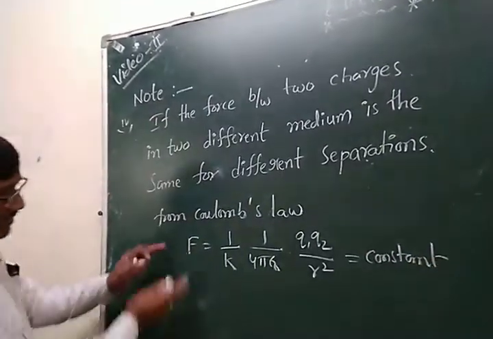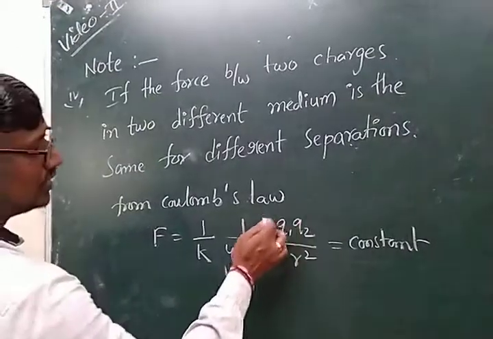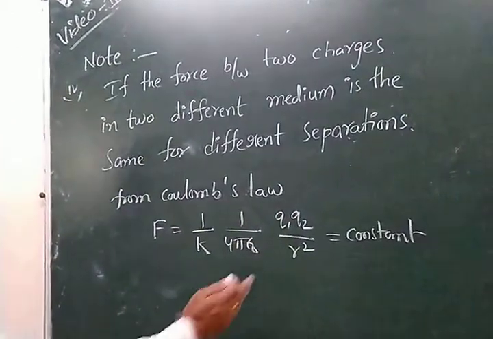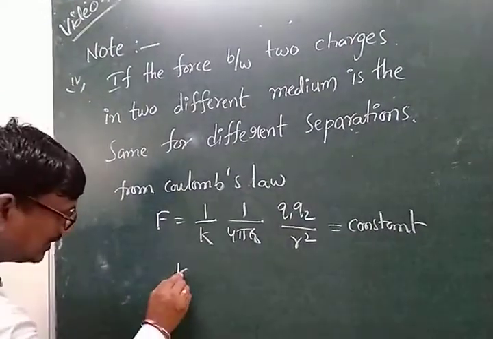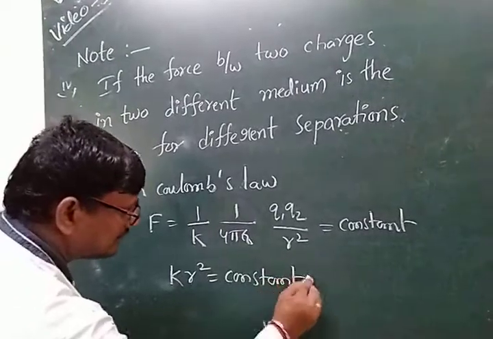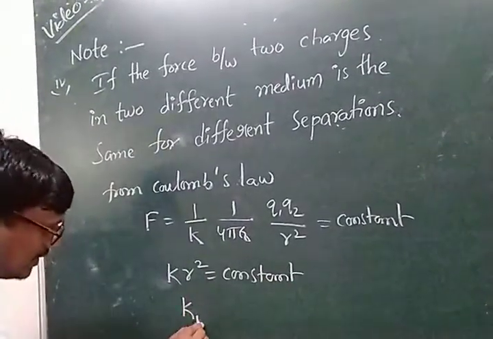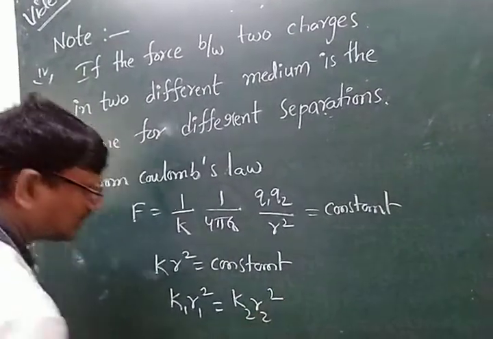The force is constant, 1 by 4 pi epsilon is constant, and Q1 Q2 are also constant. The separation and dielectric constant will be different. That means K into R square is equal to constant. Then we can write K1 R1 square is equal to K2 into R2 square.